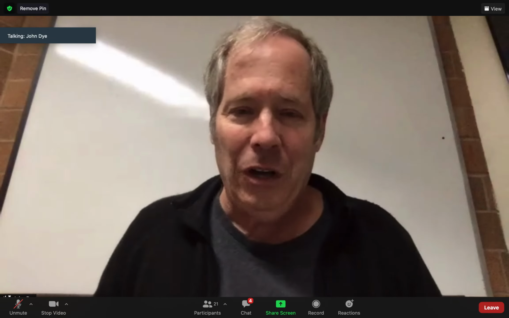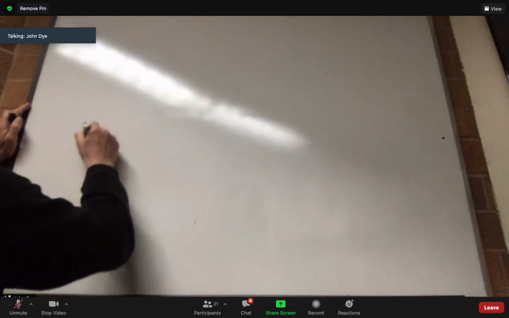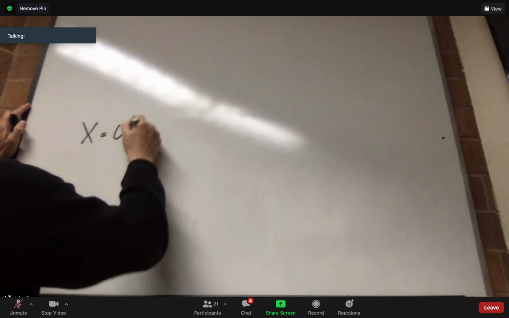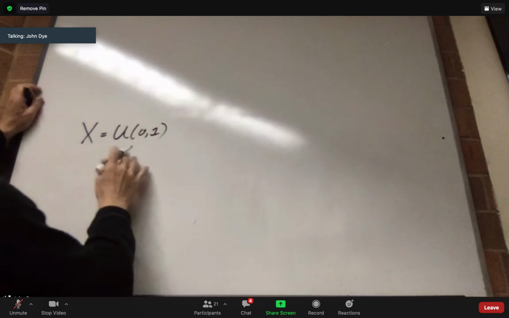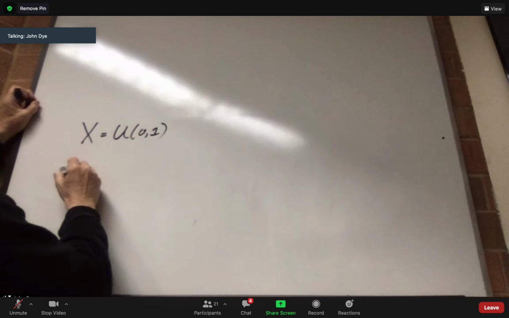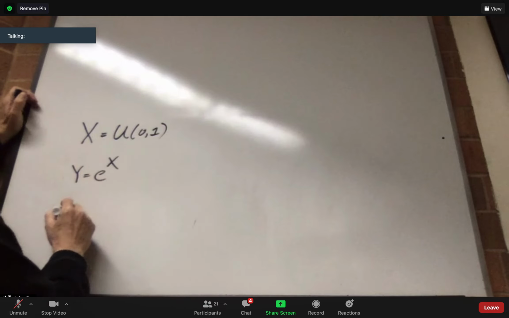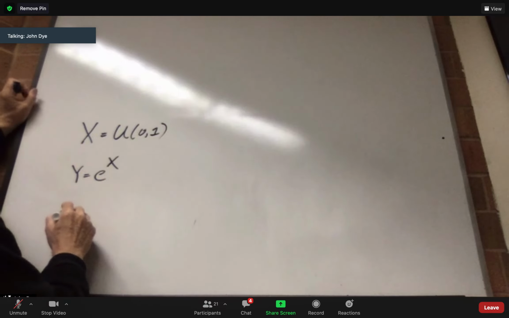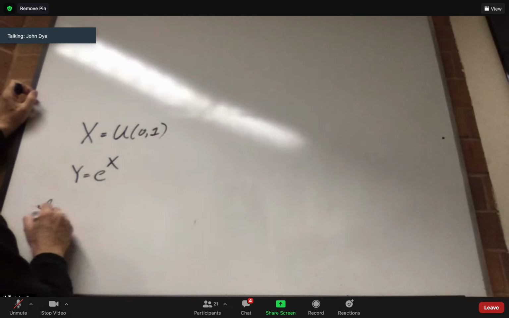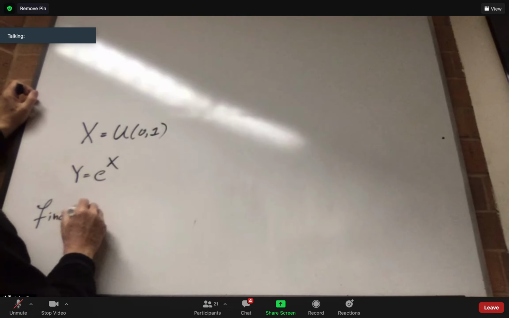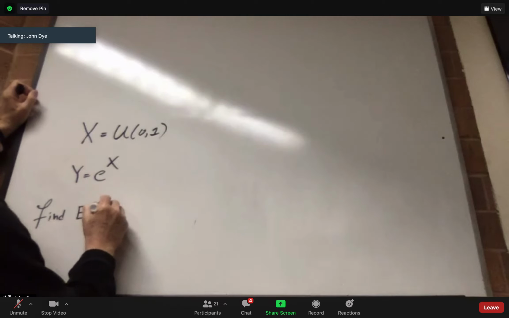The next thing is, there was a hole in what I gave you. We were looking at a problem, and we did it, but I don't know how well we did it. Y was e to the x, and the problem was to find the expectation of y.